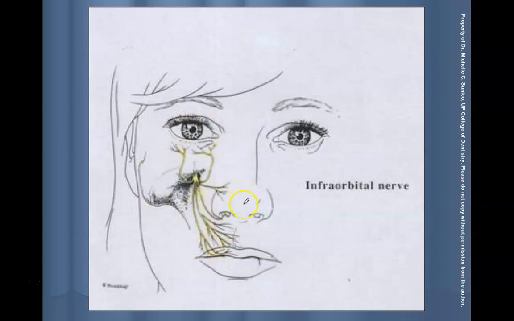These nerves are superficial nerves. Okay, so that's it. That is the route and branches of the maxillary nerve. The next video will show you the branches of the mandibular nerve.